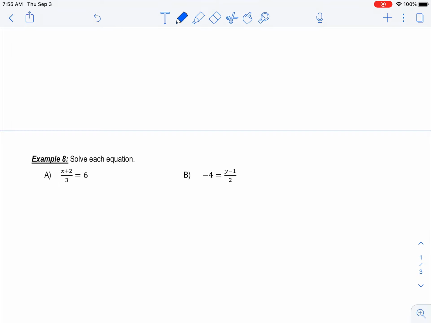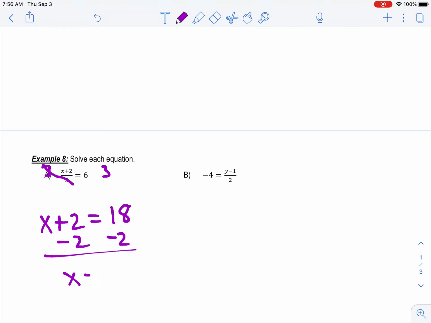If everything's on top of the number, we have to solve it a little bit different than we did above. Because the x plus 2 is together up top, I need to move this 3 on the bottom first. So I'm going to multiply both sides by 3 to get that out of there. I'm left with x plus 2 equals 18. If I subtract 2 from both sides to free up my x, I'm left with x equals 16.